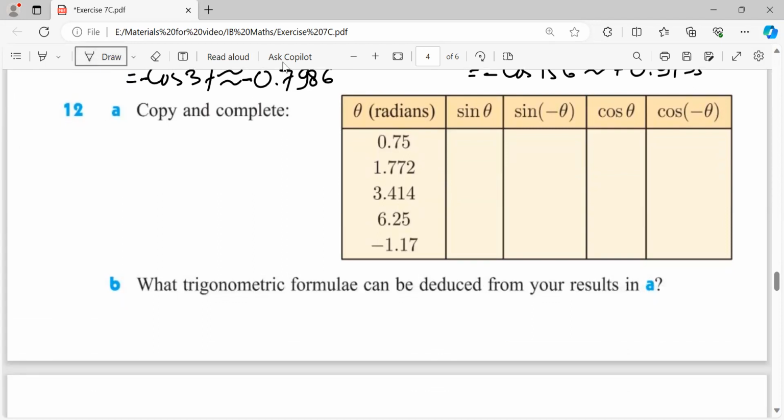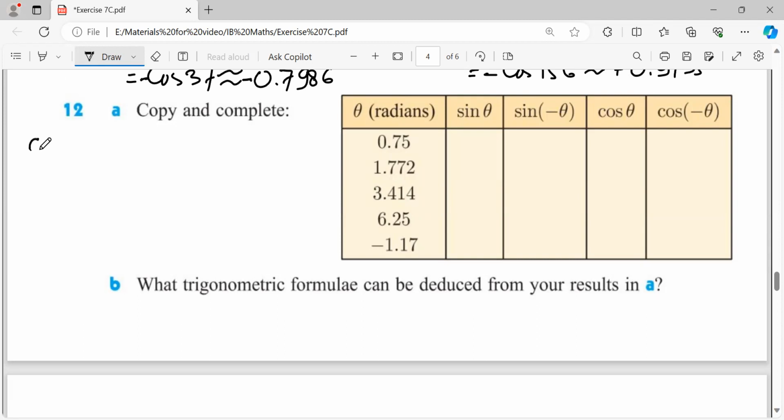For example, 0.75 radians becomes degrees, and after that you have to find sine, negative sine, and negative cosine.